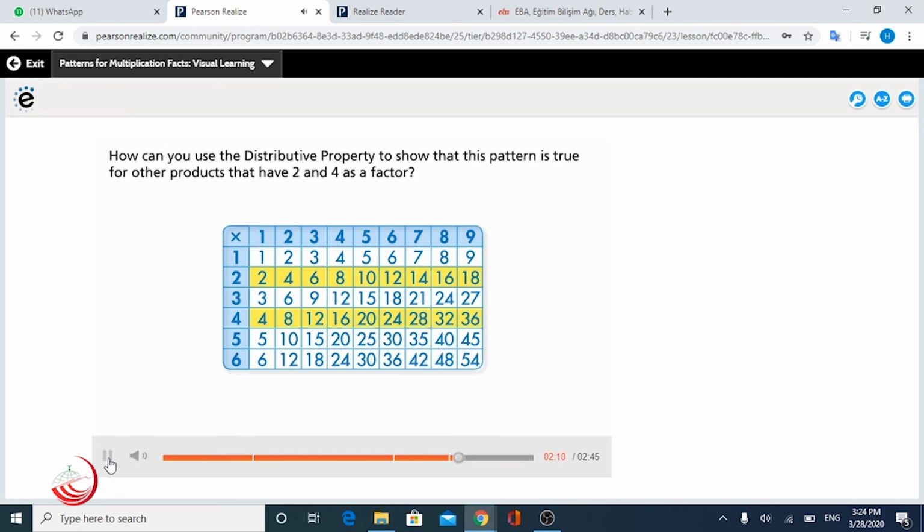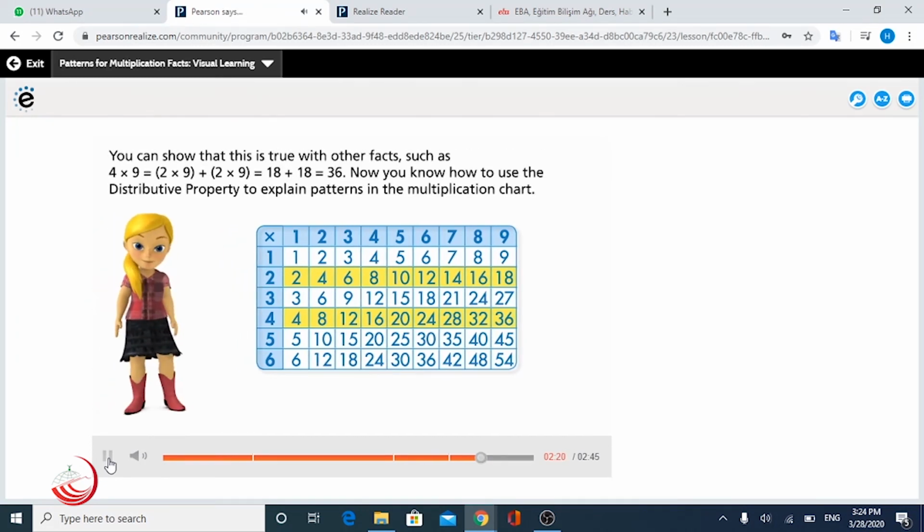How can you use the distributive property to show that this pattern is true for other products that have 2 and 4 as a factor? You can show that this is true with other facts, such as 4 times 9 is equal to 2 times 9 plus 2 times 9, which is equal to 18 plus 18, which is equal to 36.